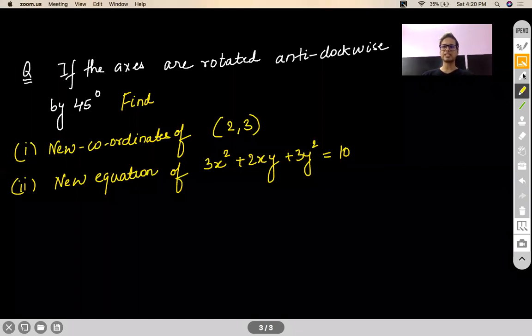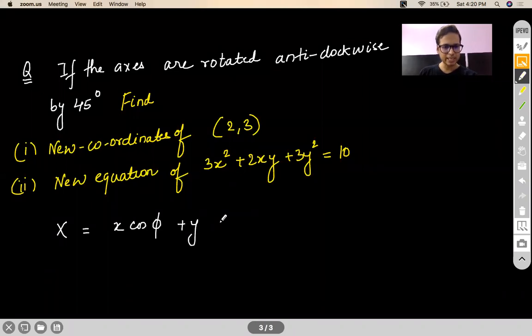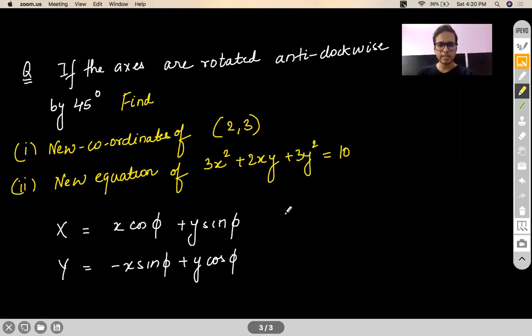Okay, let us discuss this. The first thing is, if you want to know the new coordinates, the new x coordinate is x cos phi plus y sin phi, and new y coordinate is minus x sin phi plus y cos phi. Okay, so capital X would be 2 cos phi.